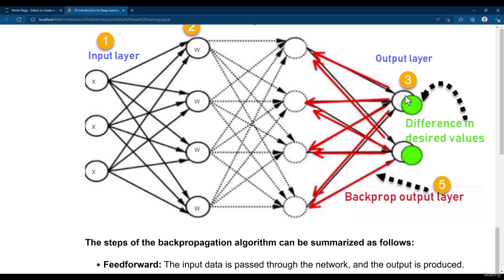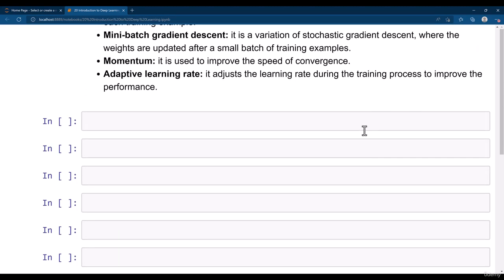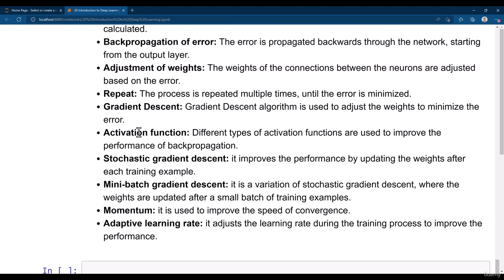When loss is minimum, that means these two outputs are overlapping each other, which means a perfect output is predicted. So the loss should be zero in the ideal case, although that ideal case doesn't always happen. Alright, there are other processes like the activation function, as we have already discussed.